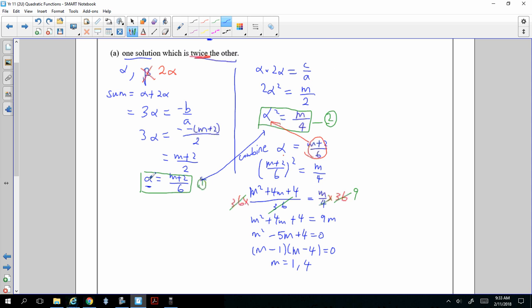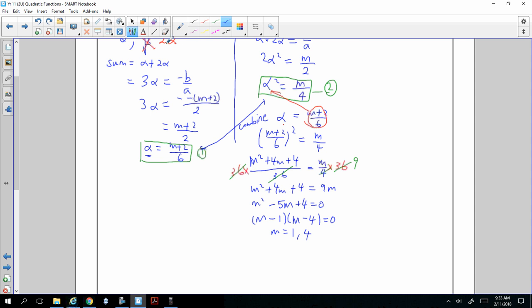Alright, let me show why it is double. I'm going to show you now. That's why I've got the whole page. Okay, let's substitute m equal to 1, right? If I put m equal to 1, the equation becomes 2x squared minus 3x plus 1, right? And if you solve this equation, which I will do very quickly, 2x minus 1, x minus 1.